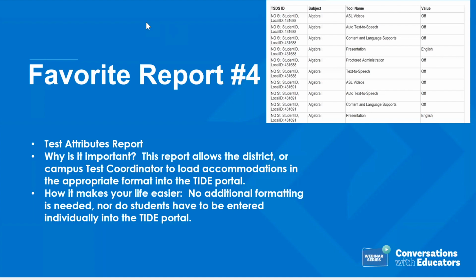Now, there is one caveat to this: at the testing attributes report level, the campus testing attribute report will turn features on and off. Due to the magnitude, if you run this at the district level, let's say you're the district testing coordinator and you want to run this testing attributes report, it will only turn the features on due to the magnitude of information that would be there. So that's just one thing to keep in mind.